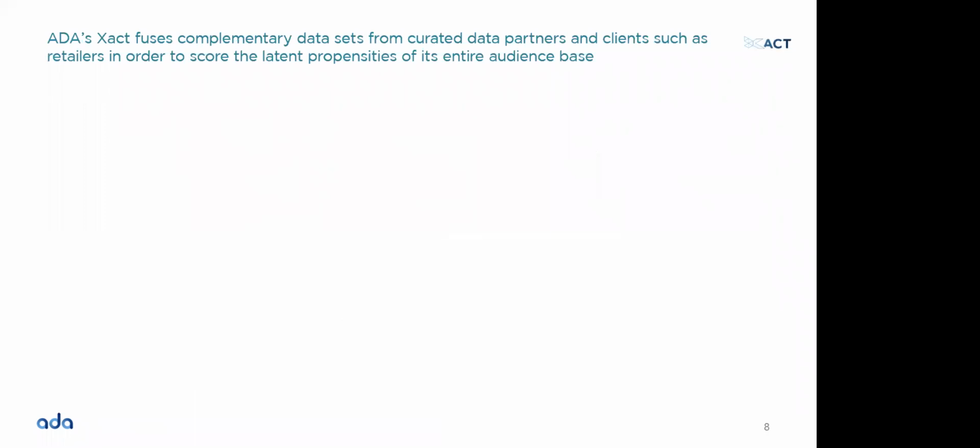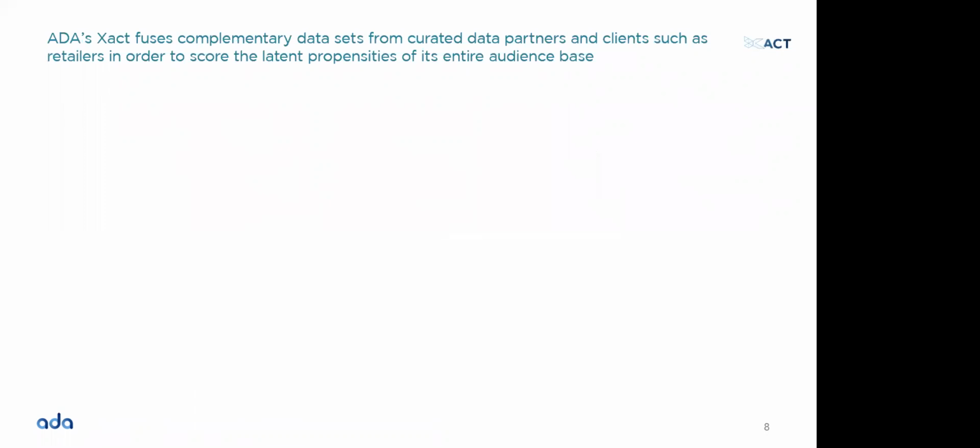Now, I mentioned that one of the important methodologies that we have developed is a method to fuse complementary data sets together, right? Because we envision that we're going to continually onboard data partners.